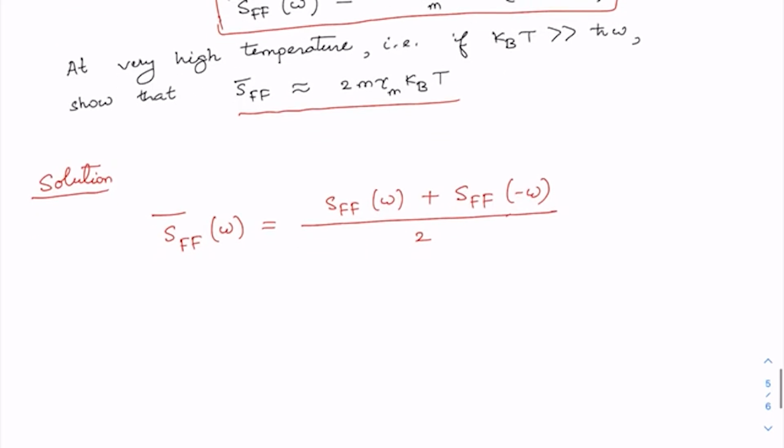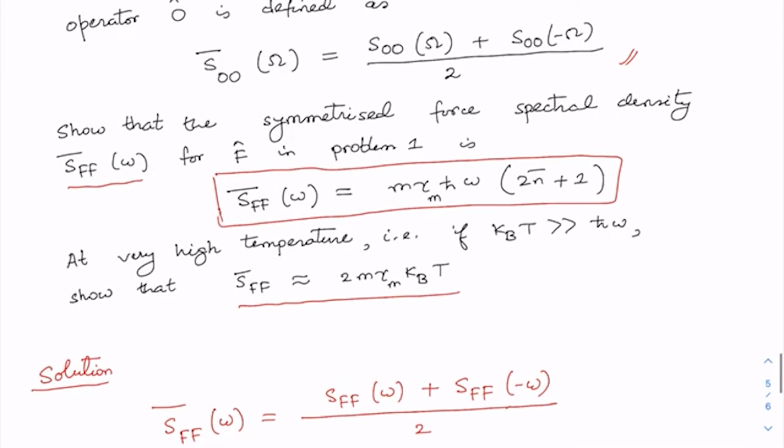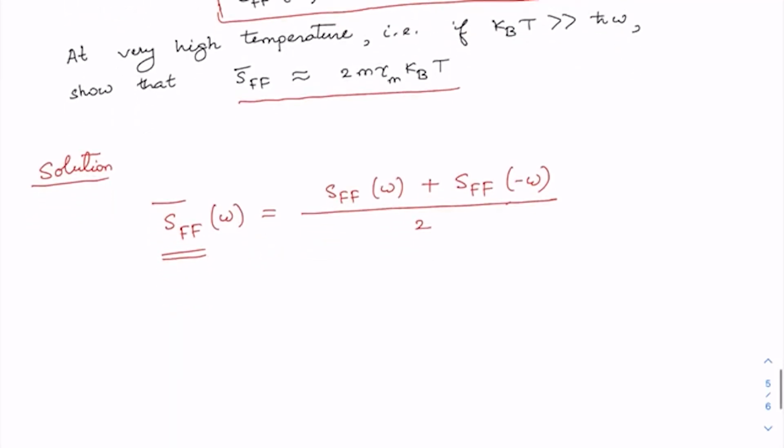As you can see, this symmetrized force spectral density quantifies the fluctuation introduced to the quantum harmonic oscillator from the environment, and this fluctuation arises from the sum of the power spectral density at positive frequency omega and at negative frequency minus omega.